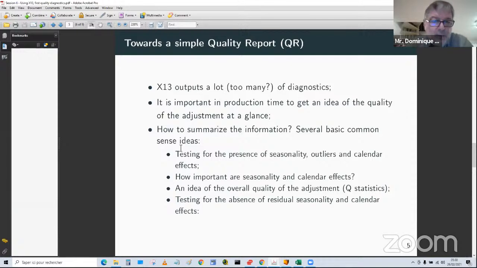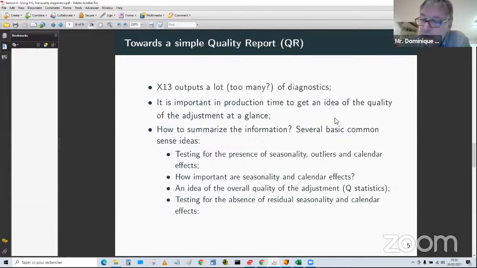So what I'm going to tell you is my experience: what I do when I look at a seasonal adjustment and try to judge its quality. It's important in production time also to get a very quick idea of the quality of the adjustment.